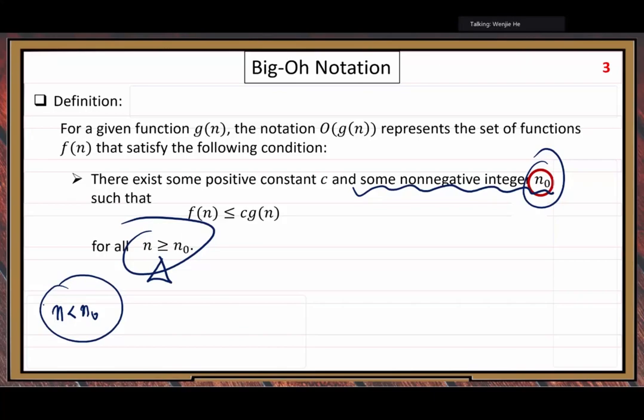When you do a comparison for this part, we have two algorithms: a better one and a worse one.